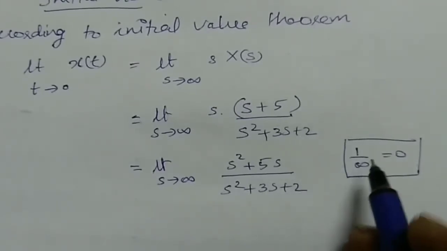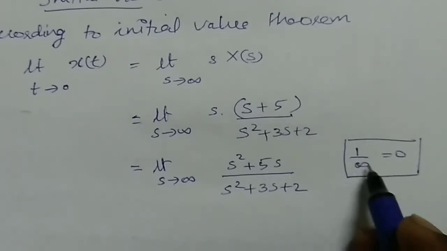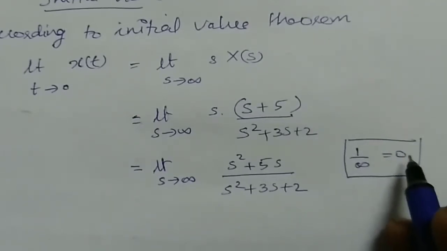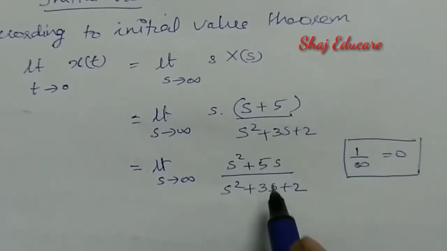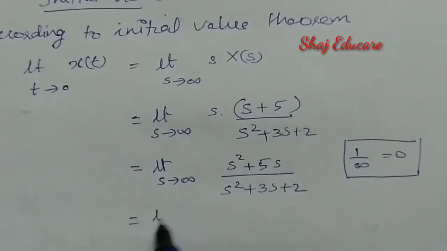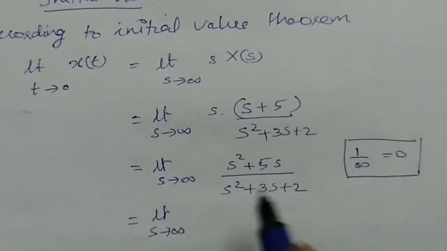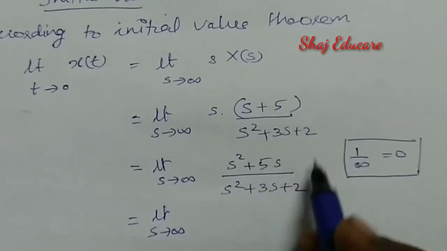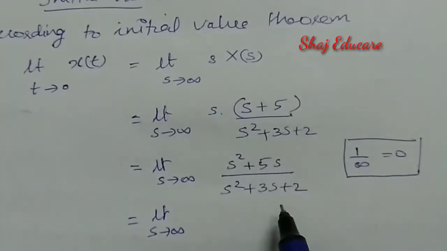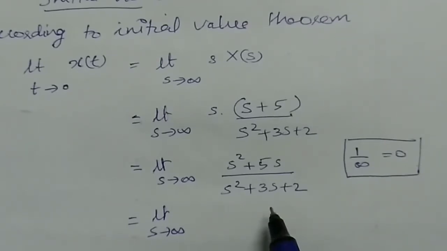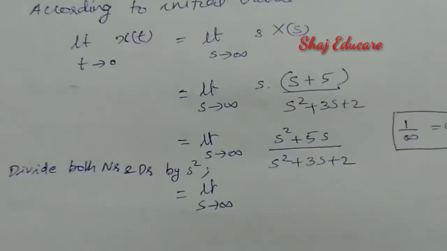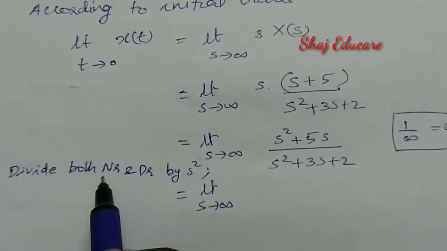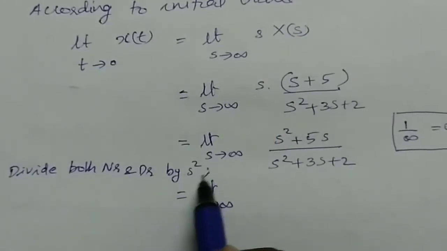But we can apply the limit in the denominator, then the term will vanish. Then what we can do? For that purpose, I am going to divide the numerator and denominator by s². Here it is written: divide both the numerator and denominator by s².